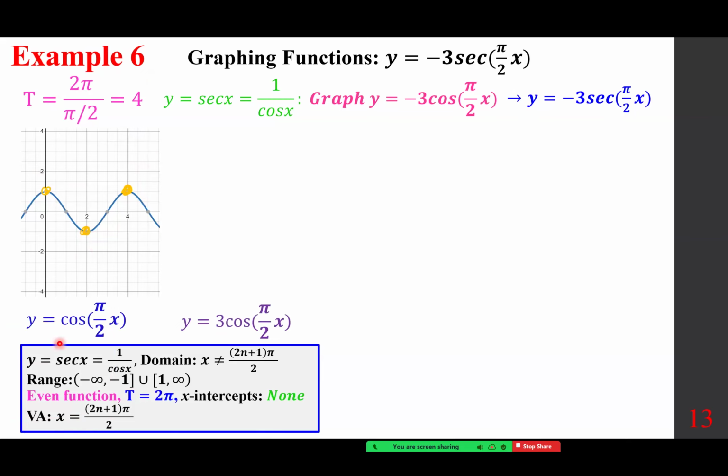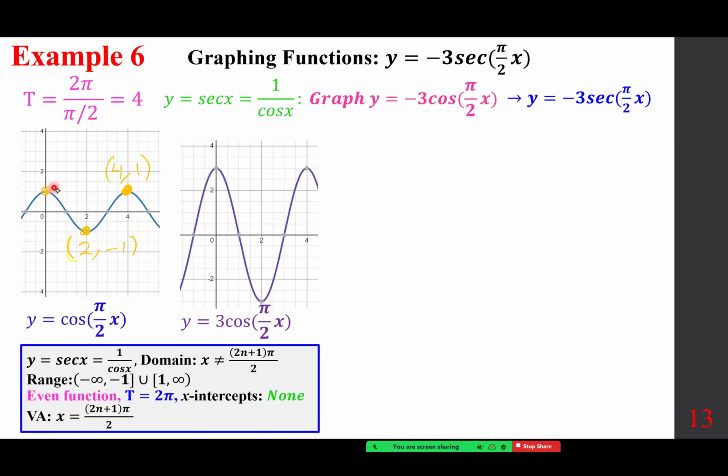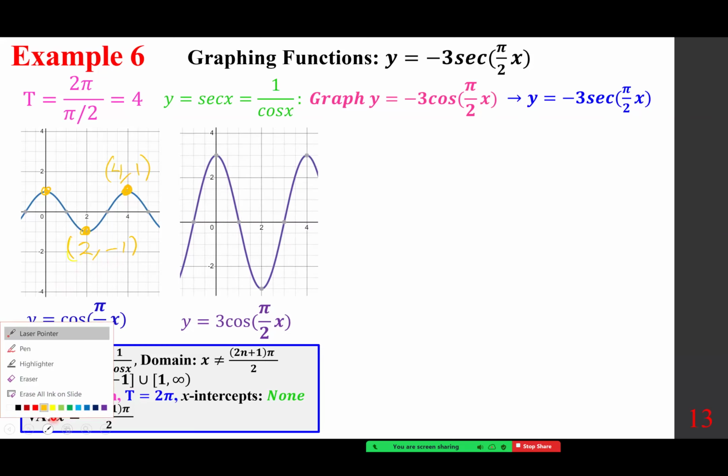So this one is 2 comma -1, 4 comma positive 1. So this becomes 4 comma 3. This becomes 2 comma -3, and this, 0 comma 1, becomes 0 comma 3. So take a look at those pairs.